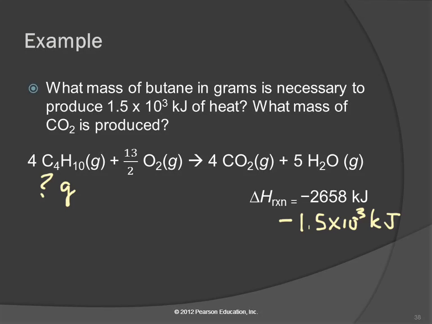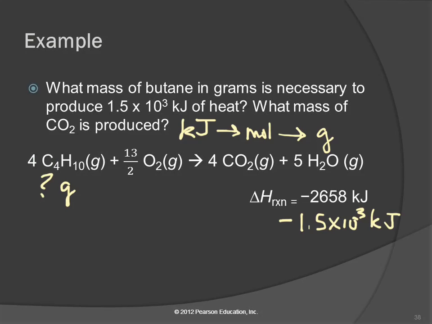So our path is going to be kilojoules to moles to grams. Because this negative 2,658 kilojoules, that's how much energy is produced when 4 moles of this is burned.